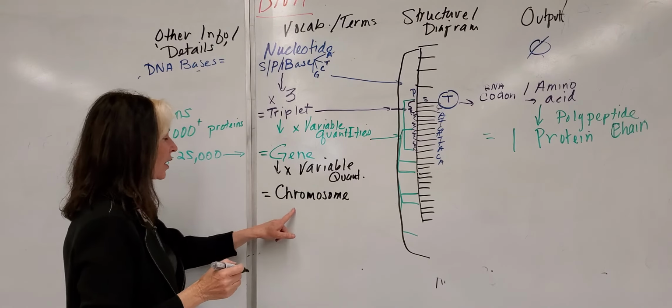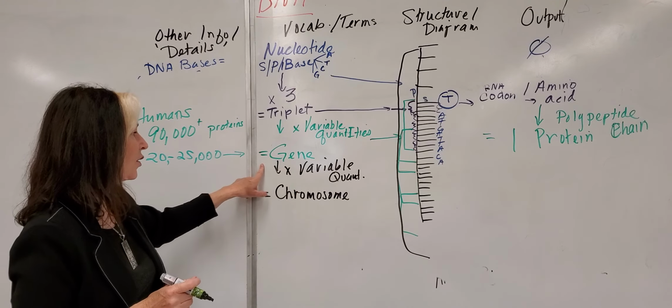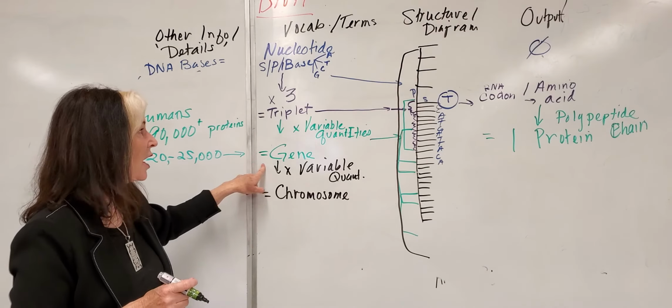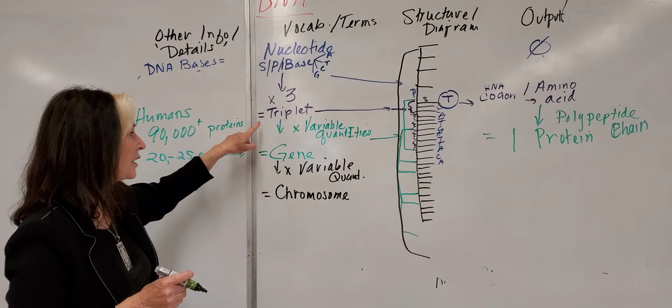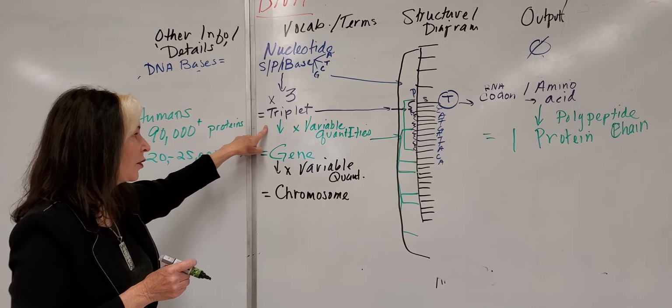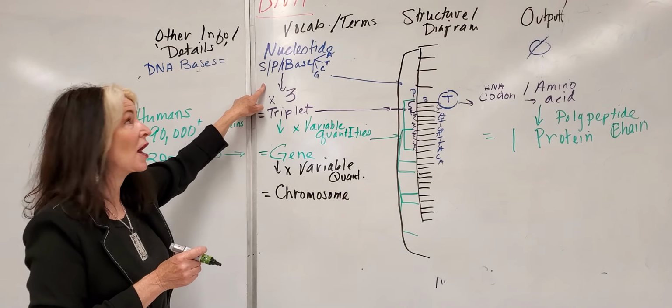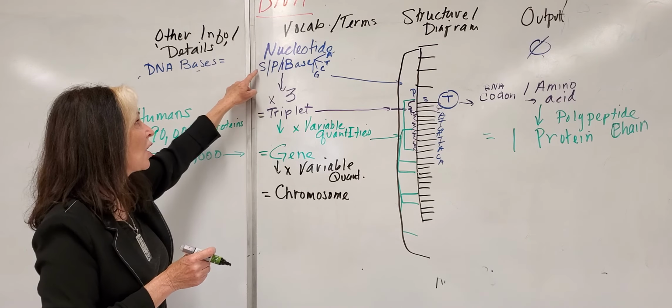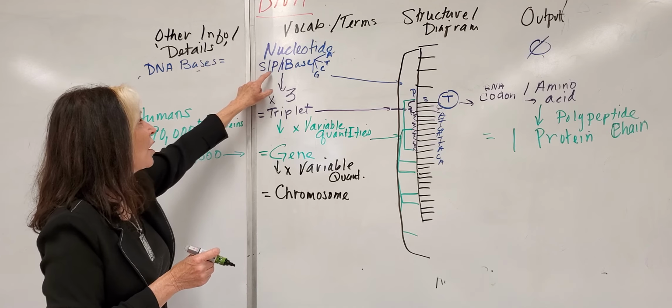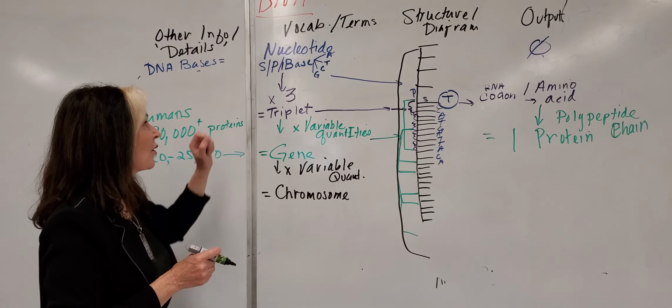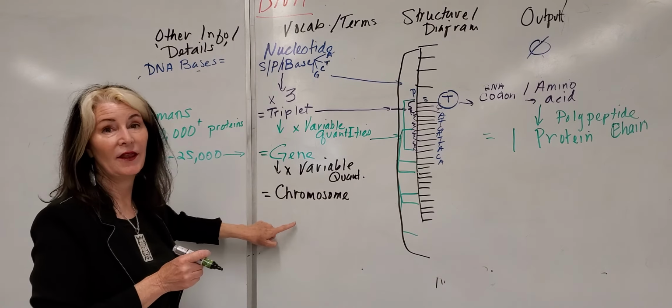So a chromosome is a sequence of genes. A gene is a series of triplets. A triplet is 3 nucleotides, and the nucleotides are a sugar, a phosphate, and a base. So we've got far more of these than these, right?